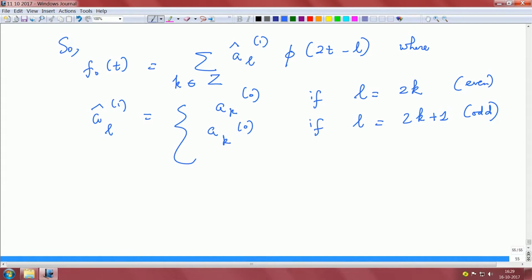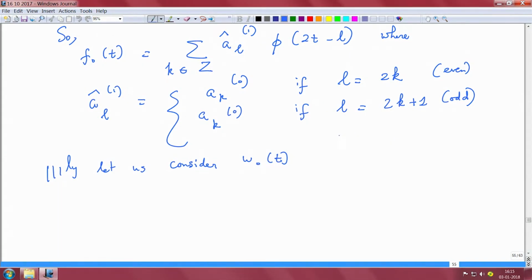So, similarly, let us consider W naught of t. Let us denote this equation as 2b.